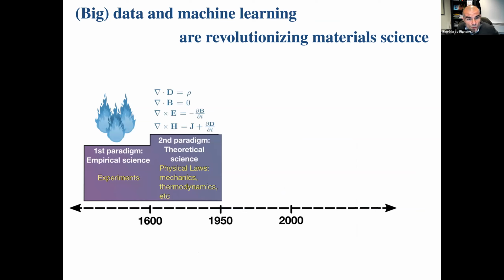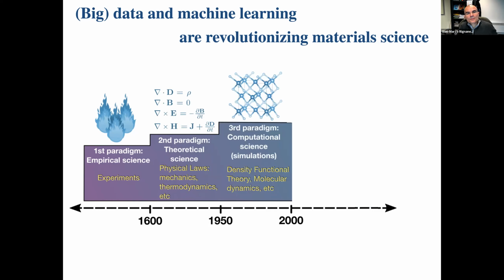Then there has been some work based on theory, because once you have laws, you can try to predict the properties of the materials. Even with just a simple equation, you can make a guess about the property without the need to do a complex experiment to measure the property. Sometimes you need to go to more advanced calculation to make the prediction. That's the case of the computational science and DFT that's been used quite a lot.